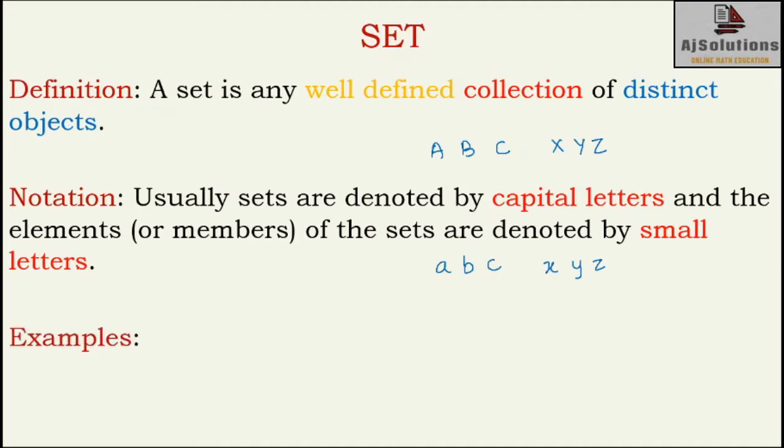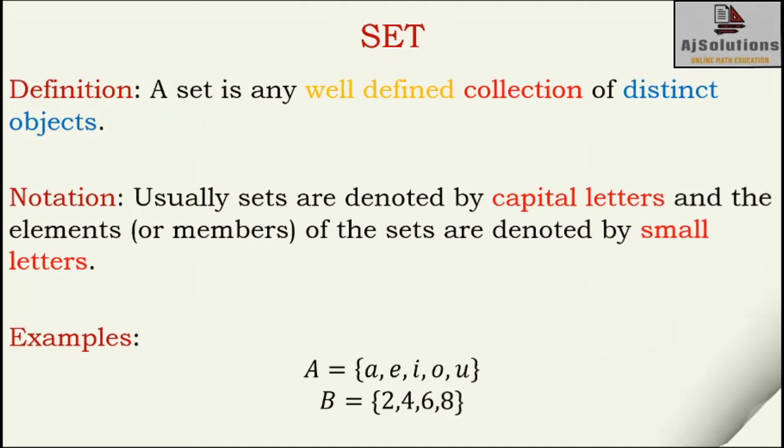Let's see some examples. I have a set A over here which is having members as a, e, i, o and u. I have another set B as 2, 4, 6, 8 as the members.